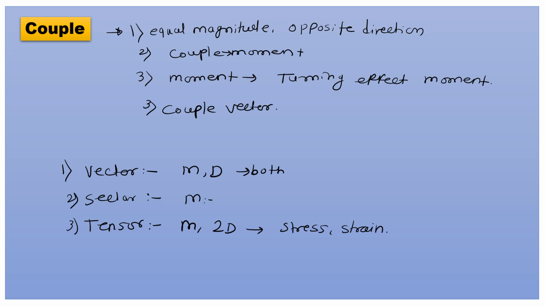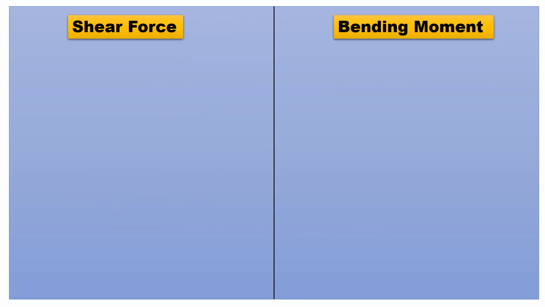And next, shear force and bending moment. Shear force is the summation of all the vertical forces. The summation of all vertical forces is nothing but shear force. And bending moment is nothing but the summation of all the moments.